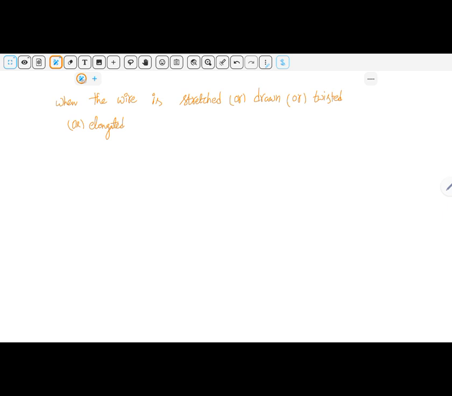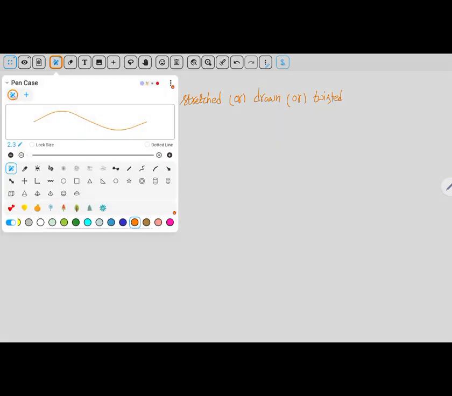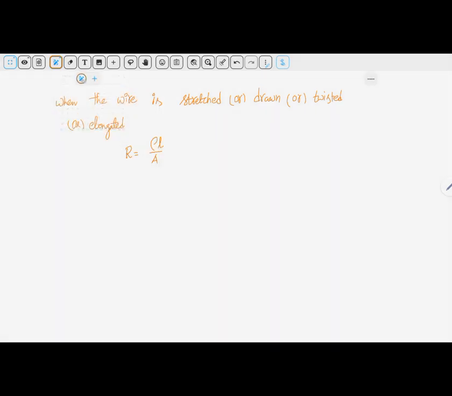Now let me first write the formula for resistance of a conductor in terms of resistivity, length and area of cross section. So R is equal to rho L by A. What I am trying to do is find the percentage change in resistance for small changes in length if the wire is stretched.